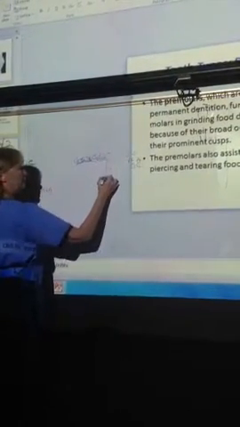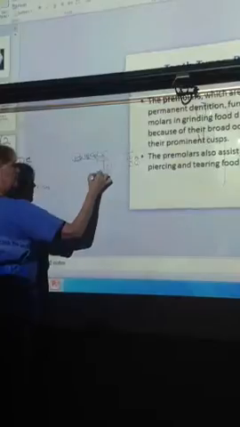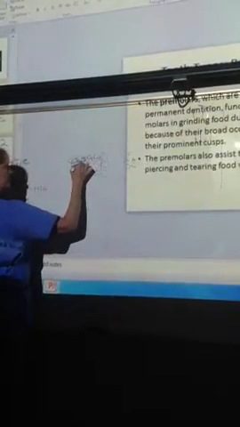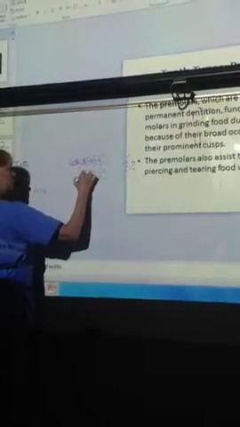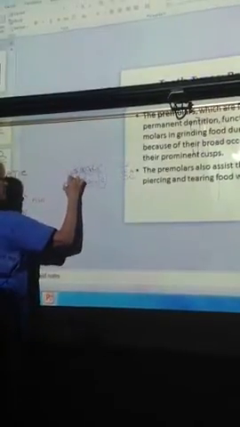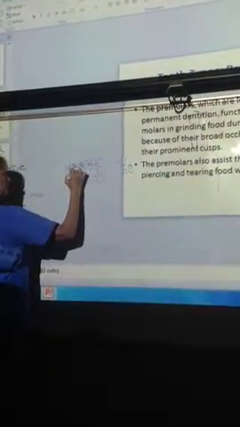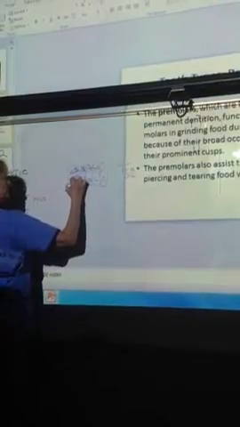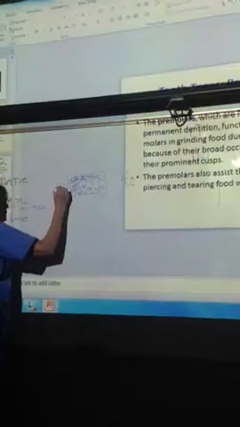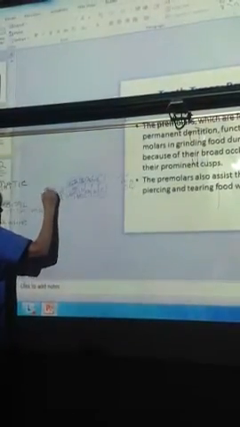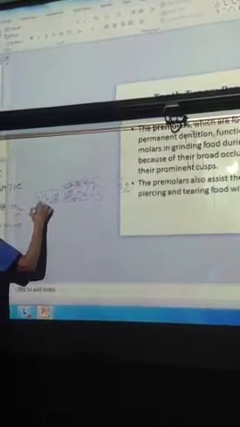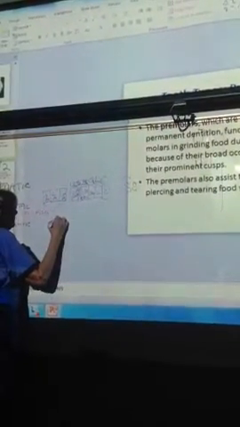My permanent central will come in, my permanent lateral, my permanent canine, my first premolar, my second premolar, my first molar. So these are non-succedaneous.